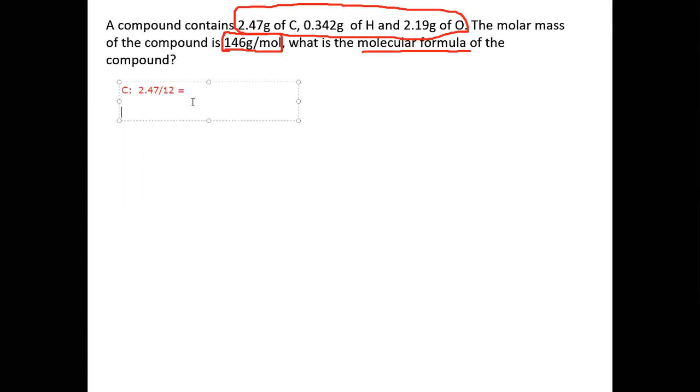And try not to round too much when you're calculating the moles. I would keep 3 or 4 significant figures, because if you round too much, it will cause error in your ratio. So the first step is determining the moles of each element.